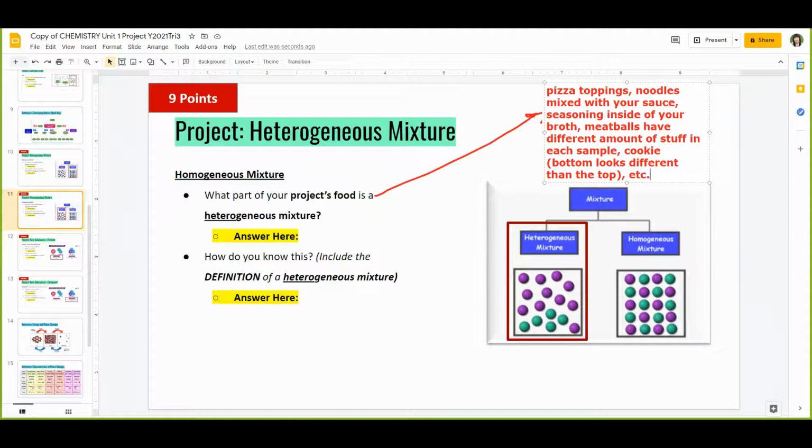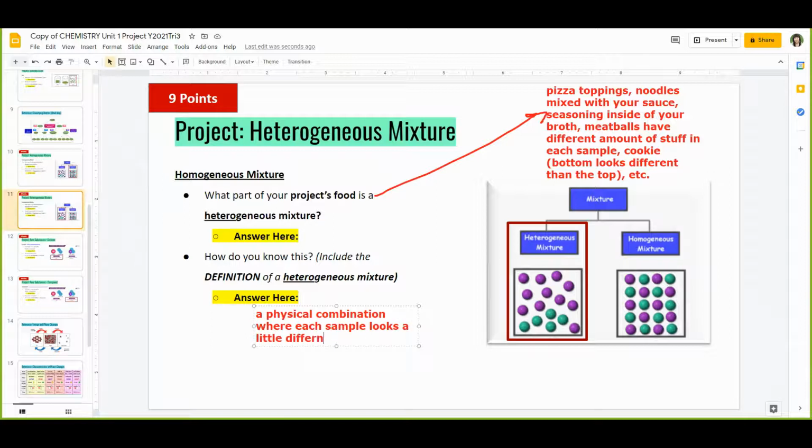So anything that's mixed together that is not perfectly uniform. Again, our definition of a heterogeneous mixture was that this is still a physical combination where each sample looks a little different.